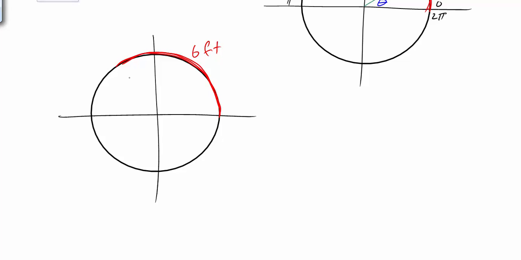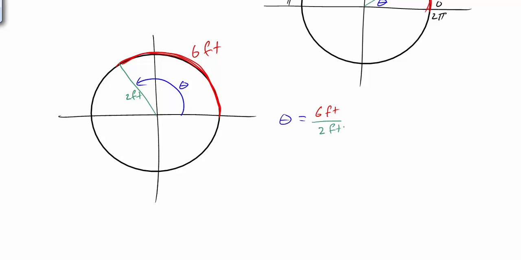And we know that the radius, if we go out to the circle, is going to be equal to 2 feet. We want to calculate what this particular angle theta is. Well, we know from before the angle is going to be the arc length, which is 6 feet, divided by the radius, which is 2 feet.